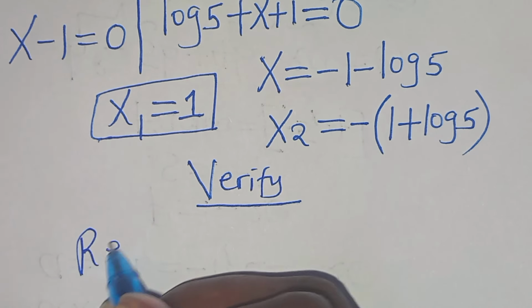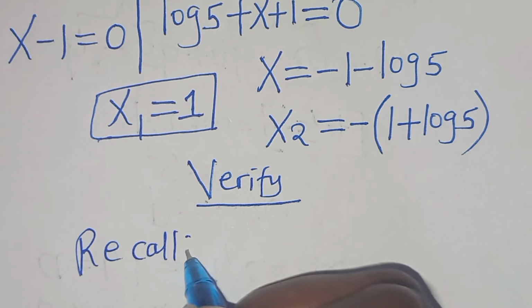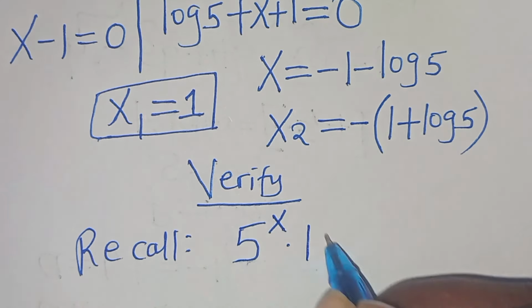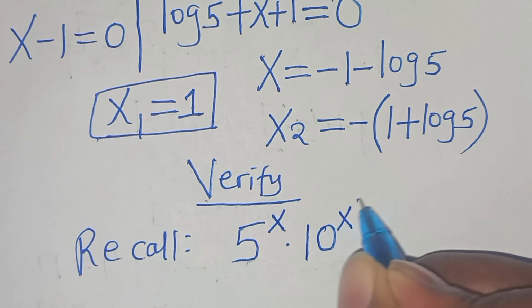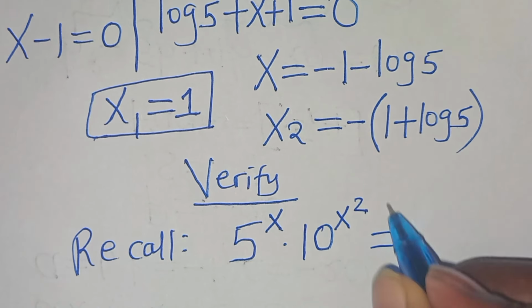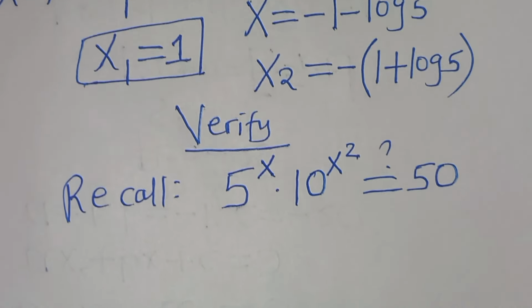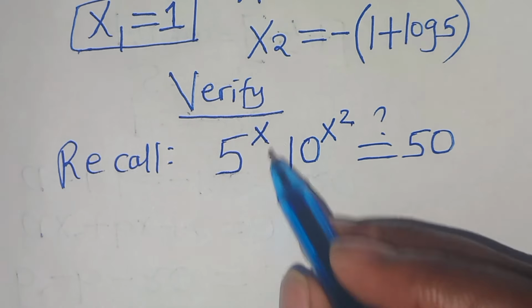Now, if you recall, we entered 5 to the power of x multiplied by 10 to the power of x squared. This is supposed to give us a value of 50. So let's start with x1, which is 1.